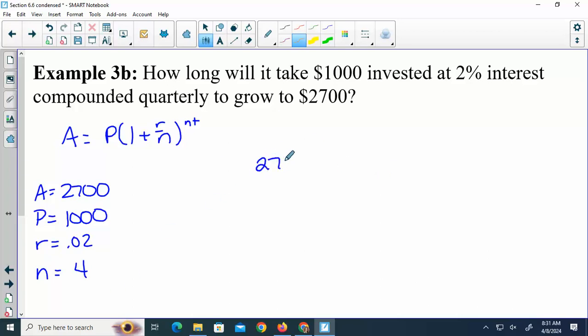So if we plug in, 2,700 equals 1,000 times 1 plus 0.02 over 4, to the 4T power.